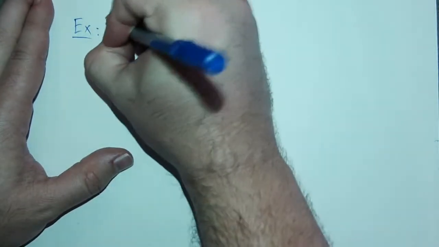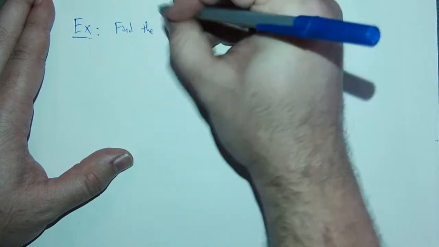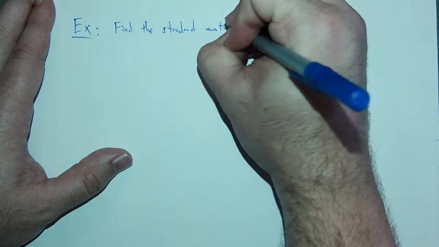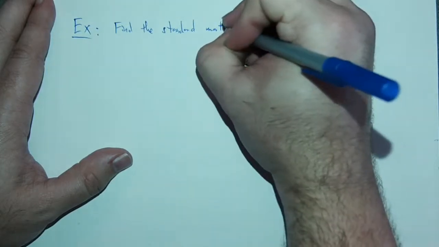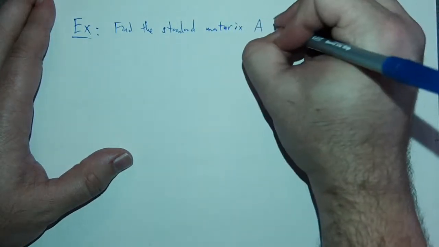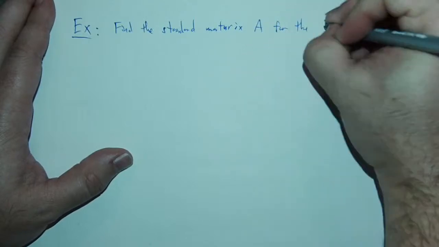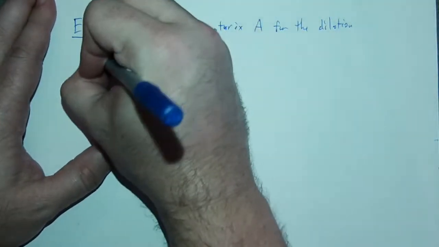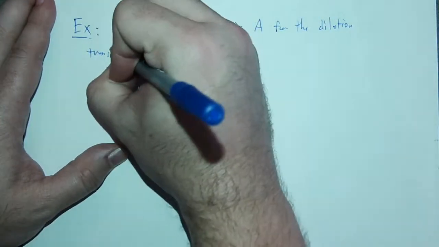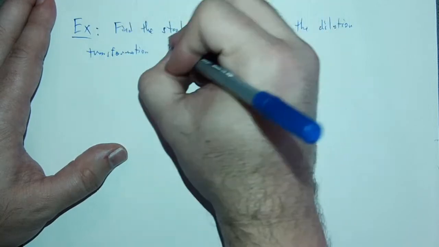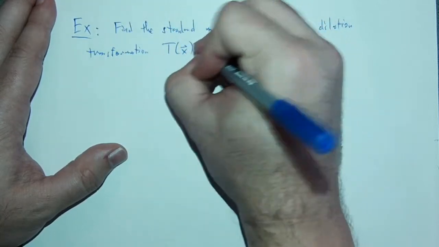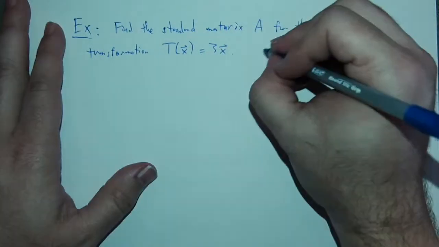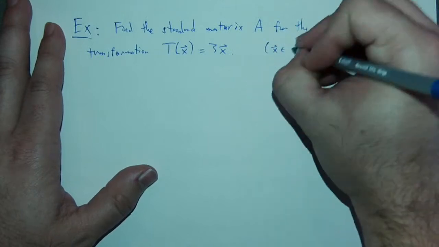Find the standard matrix A for the dilation transformation T of x equals 3x, for x in R2.